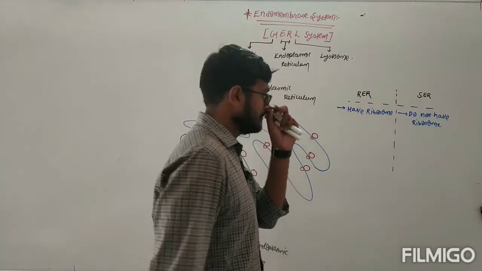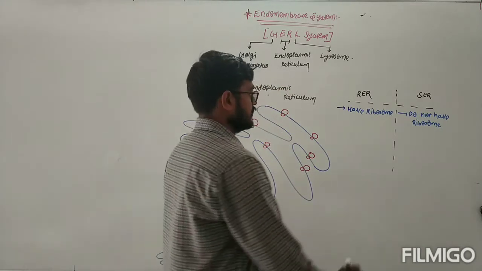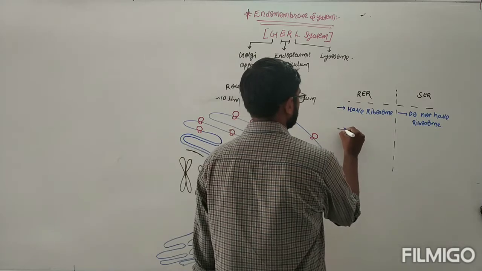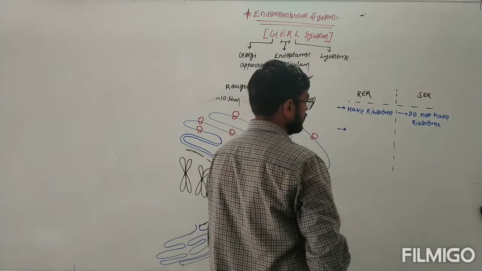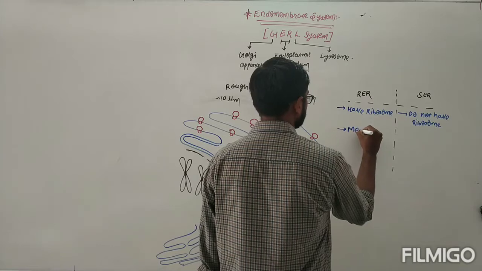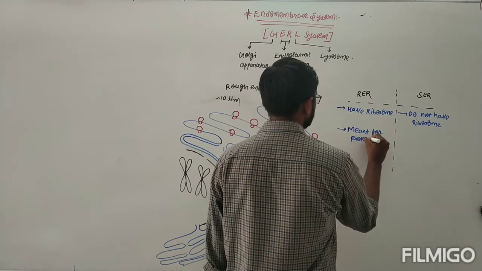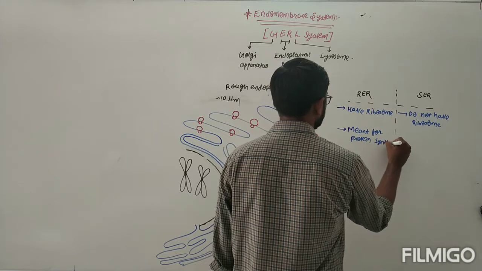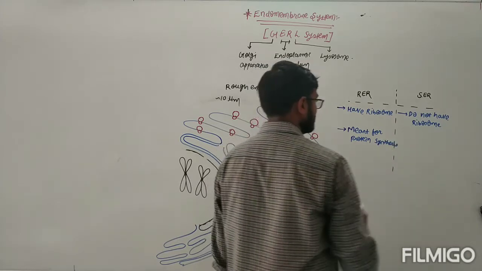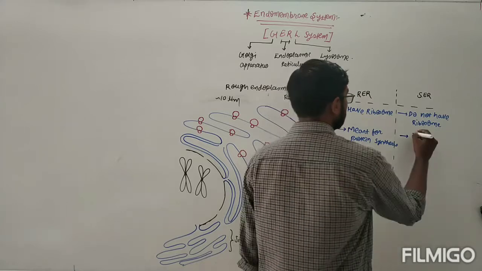One of them has ribosomes and the other does not on its surface. Next, in the case of RER, the rough endoplasmic reticulum is meant for protein synthesis, and SER is meant for lipid synthesis.